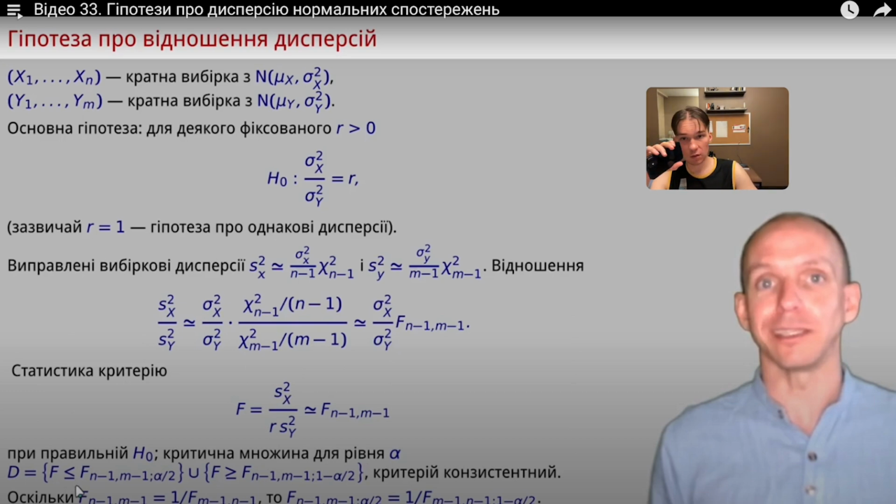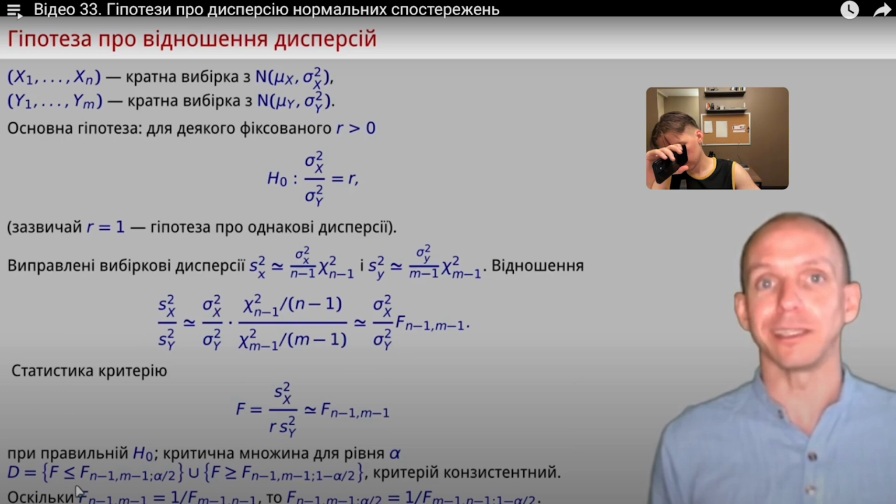So we are saying that this has the distribution of sigma squared over n minus 1 times chi squared with n minus 1 degrees of freedom, again from the previous case.